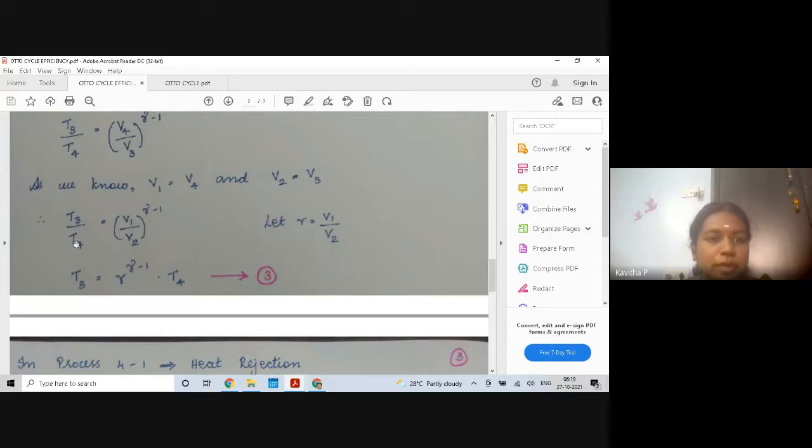So T3 by T4 is equal to (V1 by V2) whole to the power gamma minus 1. We have taken V1 by V2 as r, so T3 is equal to r to the power gamma minus 1 into T4, which is equation number 3.